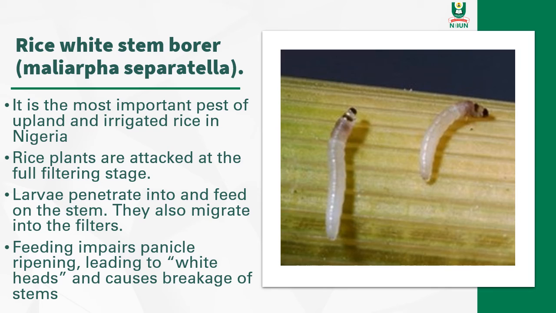They must have fed on it. So you see white heads, very soft white-colored rice, and they also break the stem. Of course, when they have fed on the stem, it will be weak, so the plant just lodges and then dies.